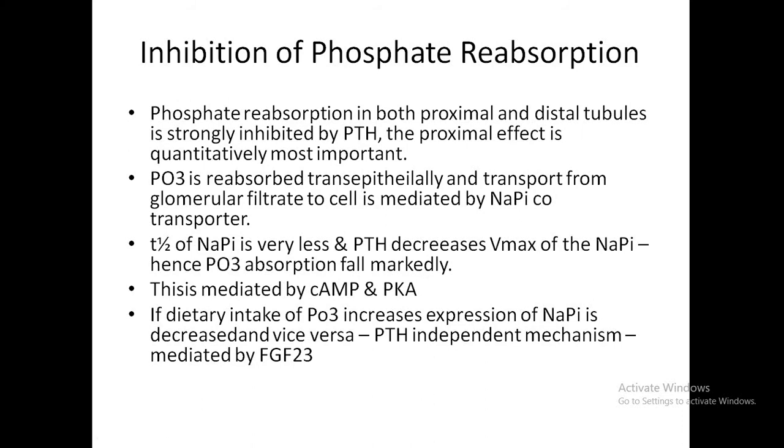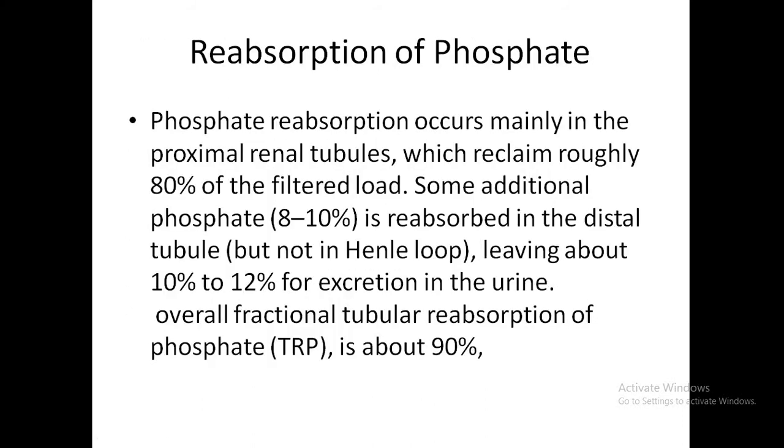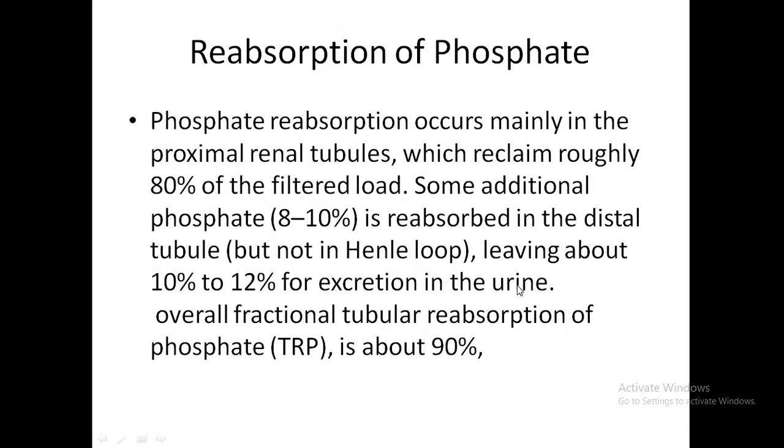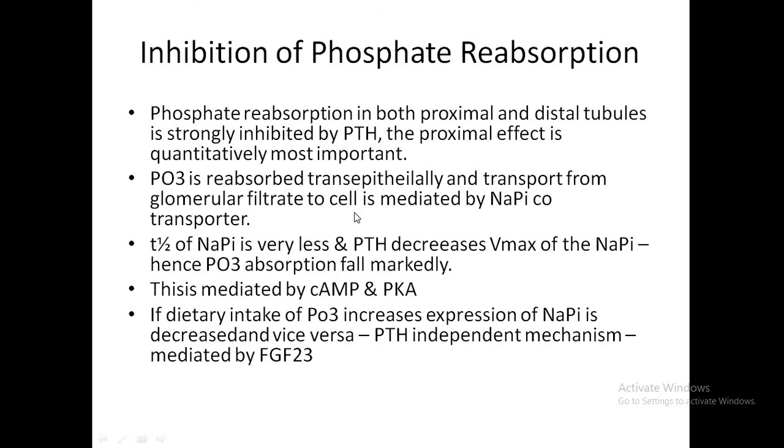So this is different to how it increases calcium reabsorption. That is mainly by TRPV5 and calbindin, whereas for phosphate it is by decreasing the Vmax of the sodium phosphate co-transporter.